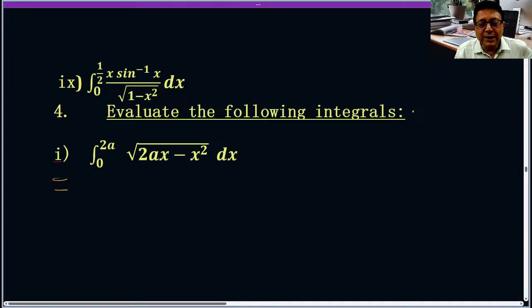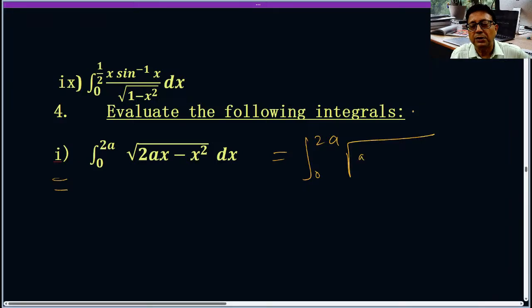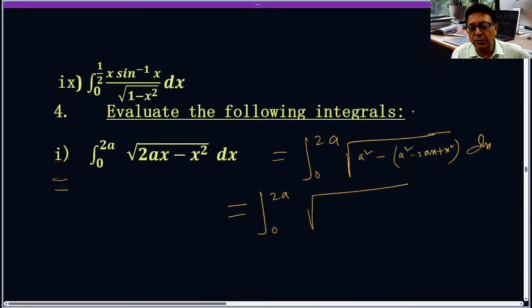How? You write it as 0 to 2a under root a square minus, you understand what I am doing? Zero to 2a under root, okay.